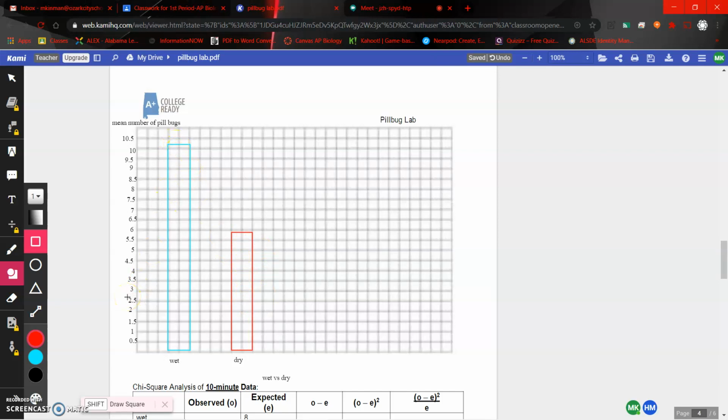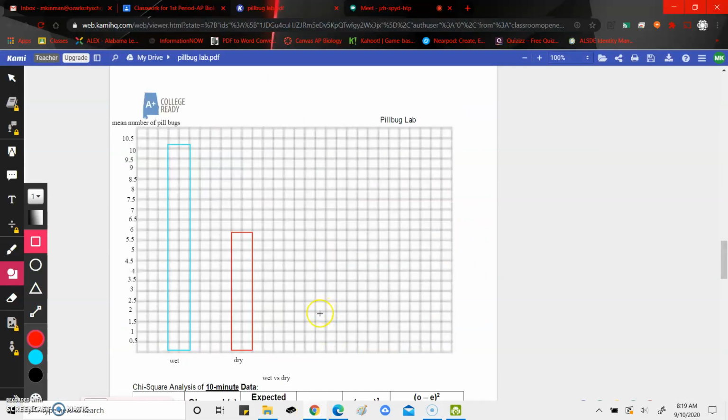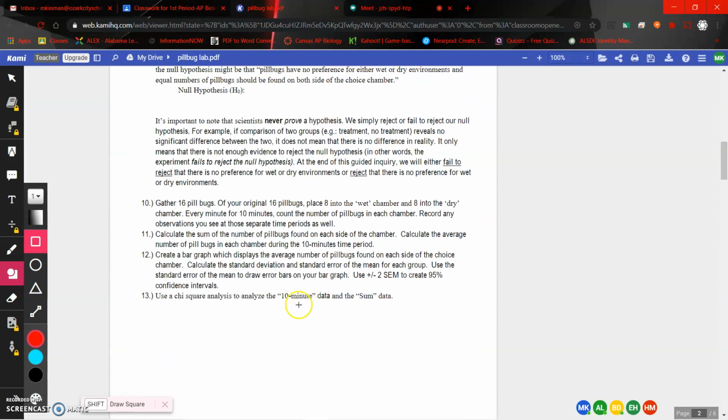Now the next thing it asks you to do is to graph with error bars. If we go back to our instructions up here, number 12 said create a bar graph which displays the average number of pill bugs on each side of the choice chamber. Calculate the standard deviation and standard error of the mean for each group. We've done that. Now it says use standard error of the mean to draw error bars for your graph. Use plus or minus 2 standard error of the mean to create 95% confidence intervals.